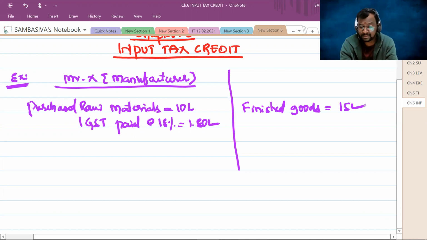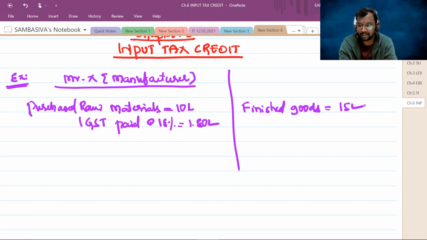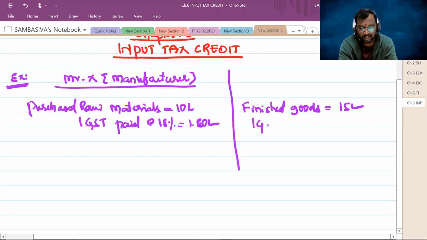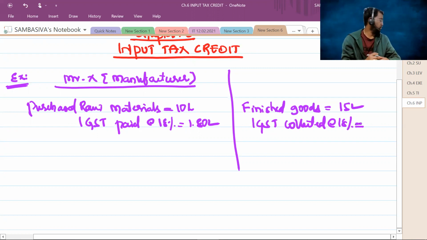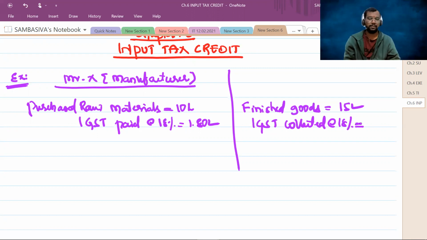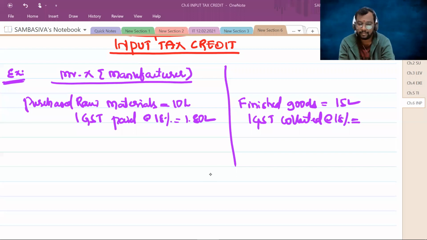Now he's selling these finished goods in the open market and he's collecting IGST. So IGST collected at the rate of 18%. How much does it come to? Calculator, everyone, take the calculators. 15 lakhs into 18%.